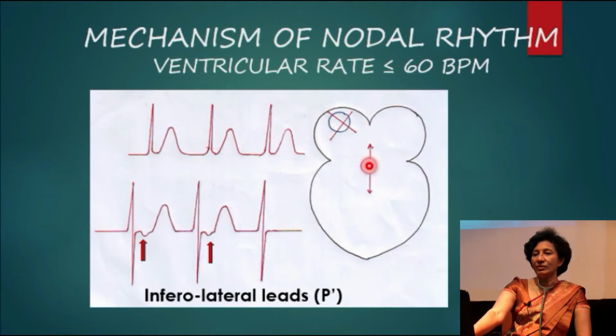When AV node emits an electrical impulse, it depolarizes the ventricle through the normal conduction system, therefore giving rise to a narrow QRS complex, and it depolarizes atria simultaneously with ventricles from bottom to the top. That is called retrograde depolarization of atria.